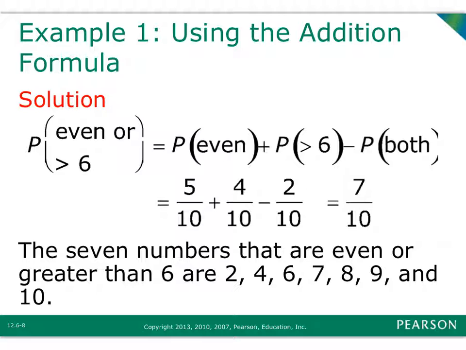We end up with a probability of 7 out of 10. So the 7 numbers that are even or greater than 6 are 2, 4, 6, 7, 8, 9, and 10. So the probability of a number being even or greater than 6 is equal to 0.7 or 7/10.